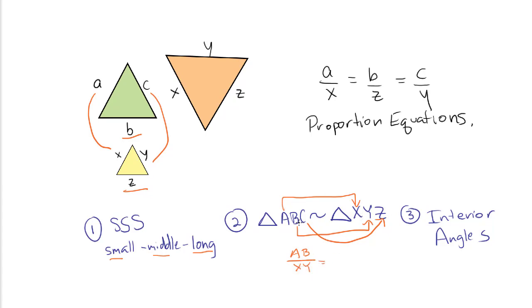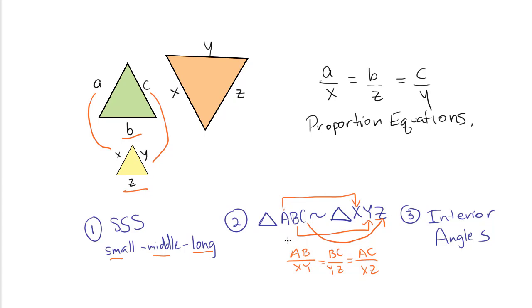And then I could also say side BC, the last two, is proportional to the last two, YZ. And I could also then say AC, the first to the third, is proportional to XZ, the first to the third. In other words, I have a definitive setup of proportions I can work because I basically work in the same order when given the similarity statement. So great, if they give me that, I'm also in good shape.